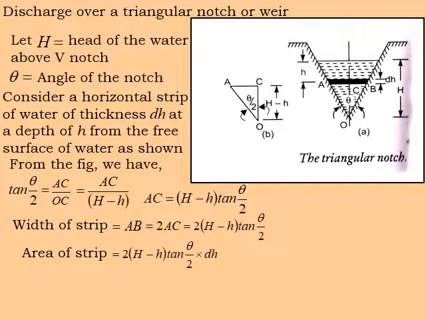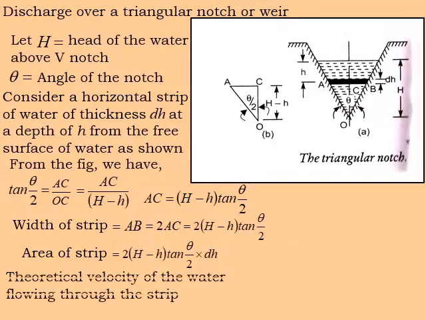Now the area of the strip is given by 2 into (H minus h) into tan theta by 2 into the height of the elemental strip, which is taken as dh. The theoretical velocity of the water flowing through the strip is given by square root of 2gh.